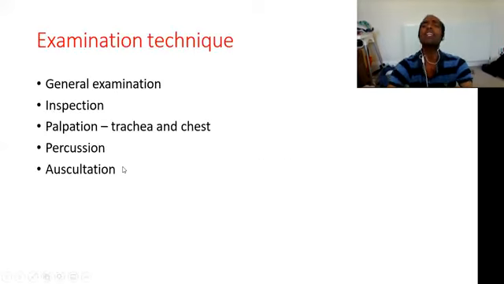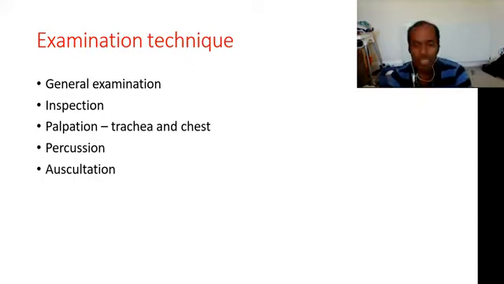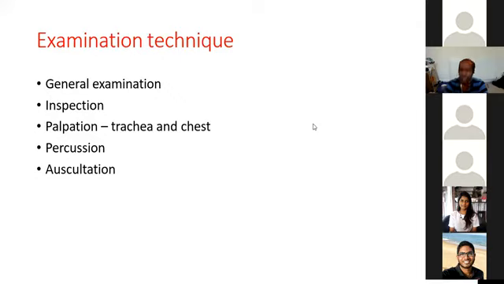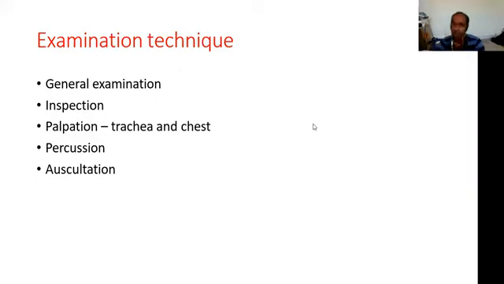Right, so examination technique of the respiratory system. Remember, we'll be learning about technique as well as interpreting physical signs. Just to start off, a little word of caution about the respiratory system. It is probably, even though you don't realize it, a difficult system to master. You might think that neurology is the most difficult, but respiratory can be quite difficult because interpretation of physical signs can be more challenging.